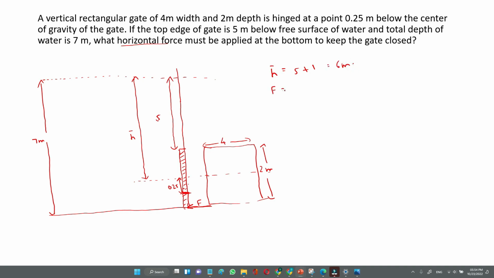So the force is given by the formula rho g A into h bar, that is equal to 1000 into 9.81 into the area of the gate, 4 into 2, into h bar is equal to 6. That is equal to 470,880 Newton.